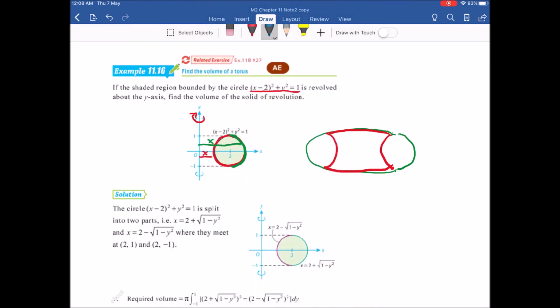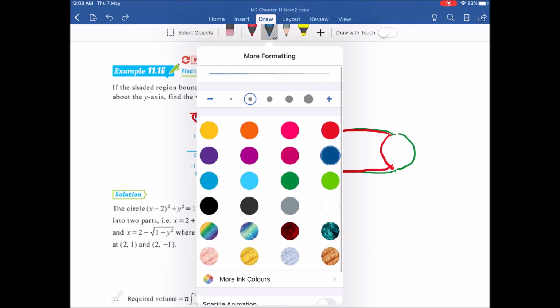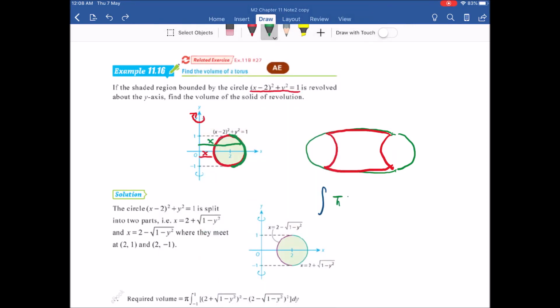You are going to integrate pi, I use the green one first, pi x squared minus pi x squared, but this one is of length dy, from -1 to 1.